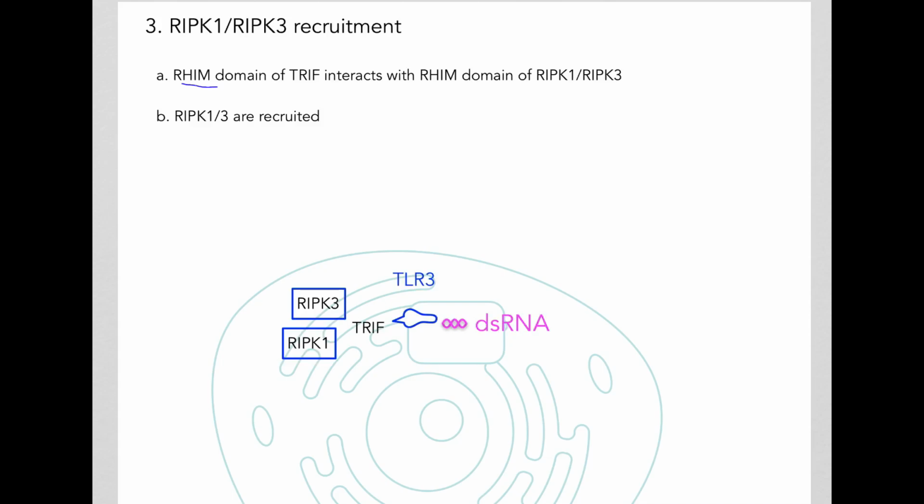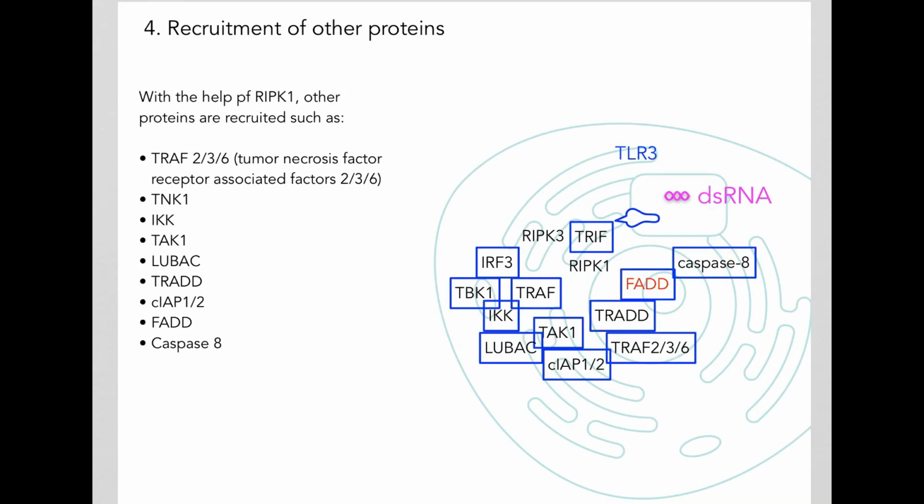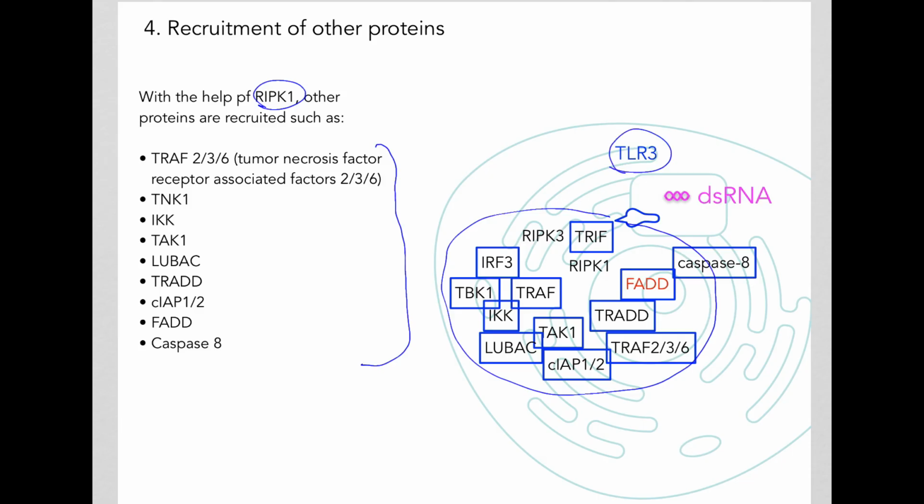The RHIM domain of TRIF will interact with the RHIM domains of RIPK1 and RIPK3, and that will recruit these proteins towards the receptor. RIPK3 and RIPK1 are recruited towards the TLR3 receptor, which has TRIF bound to it. With the help of RIPK1, several other proteins are recruited, forming a very large complex at toll-like receptor 3.